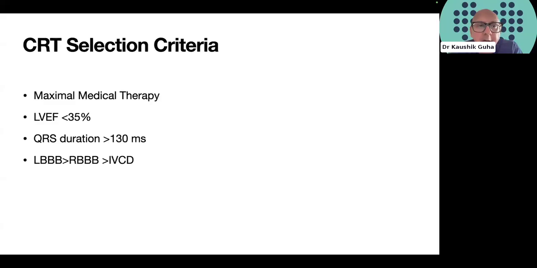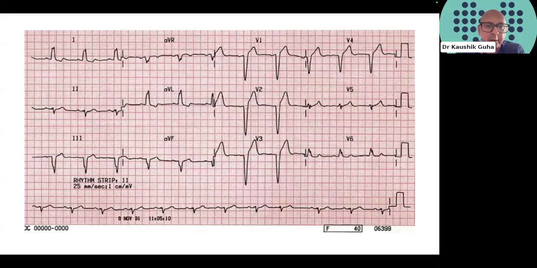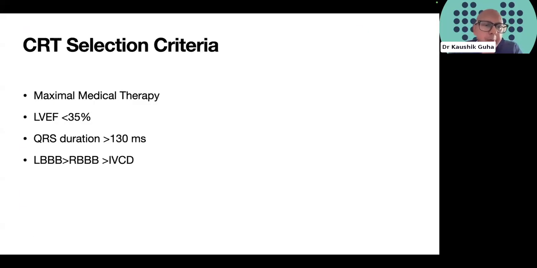So the patients who are eligible in terms of NICE guidance are those who are on maximal medical therapy, who have an ejection fraction below 35%, a QRS duration greater than 130 milliseconds, and classically, according to study evidence, they should preferably be in the left bundle branch block morphology, so that ECG that I've just shown you, or a right bundle branch block morphology.